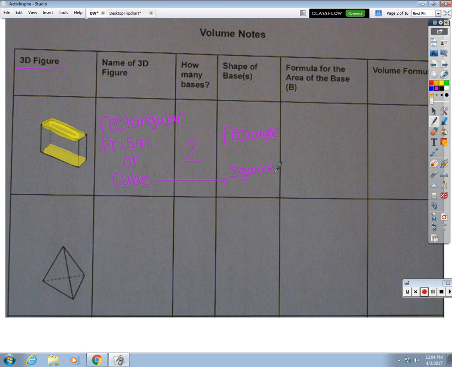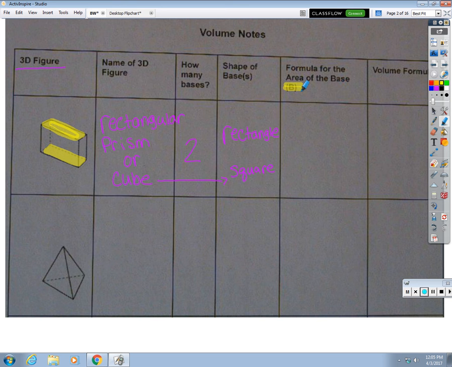Okay. The next column, with your highlighter, I want you to highlight that big B that is in parentheses. That big B stands for area of the base. We have to find the area of the base of that rectangular prism. That's the first step in calculating the volume, is to find the area of the base.